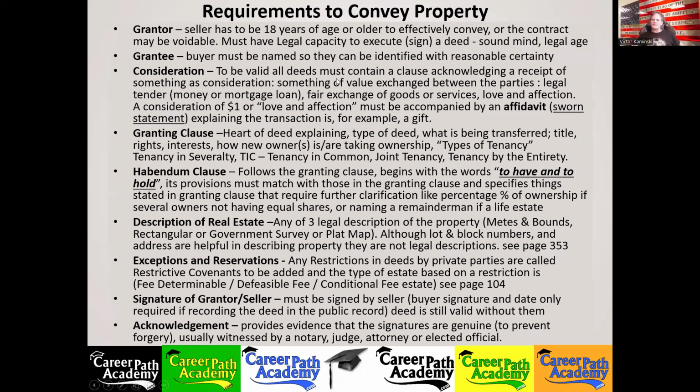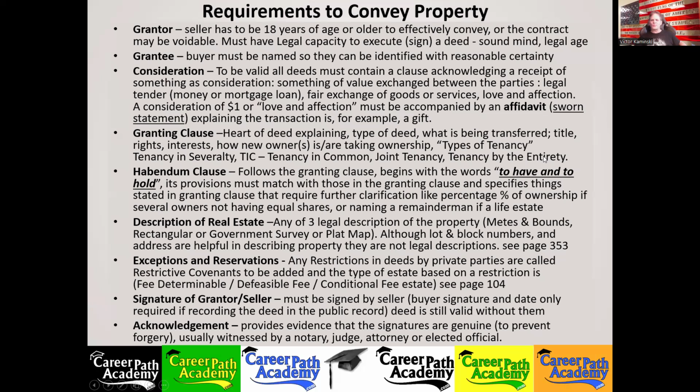To be valid, deeds must contain a clause acknowledging receipt of something as consideration, an exchange of something of value between the parties, like legal tender, money or a mortgage loan, fair exchange of goods or services, and love and affection. A consideration of $1 or love and affection must be accompanied by an affidavit, which is a sworn statement explaining the transaction is, for example, a gift.